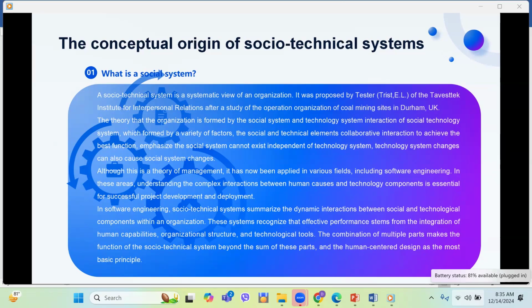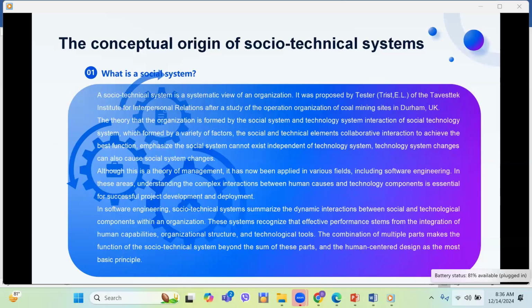Technology system changes can also cause social system changes. Although this is a theory of management, it has now been applied in various fields, including software engineering. In these areas, understanding the complex interactions between human factors and technology components is essential for successful project development and deployment.